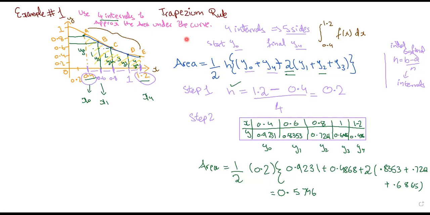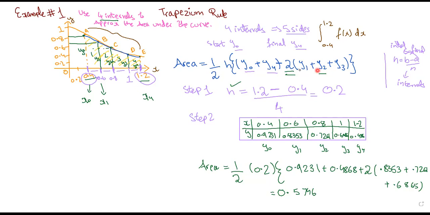This approximation told us that we need to use the trapezium rule. Either they would tell you to use the trapezium rule or they would ask you to approximate. Okay, and you were given 4 intervals. So step 1 is to write down the formula as per your question, because it could be that you had 5 intervals, so the formula would be different.